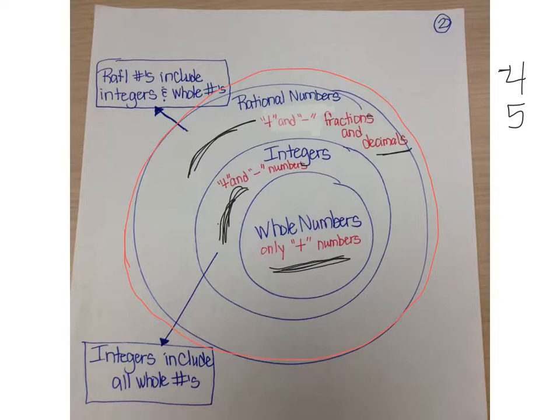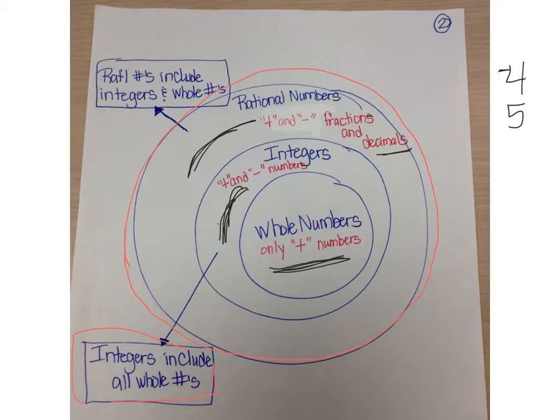So this is a lot of information, and I really want you to copy everything down just like I have on the chart, okay? It says down here, it says integers include all whole numbers.